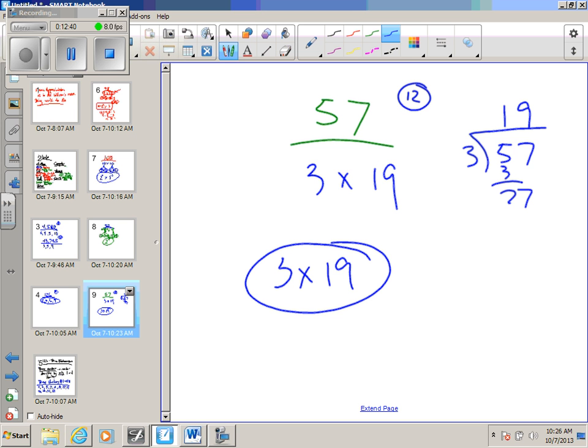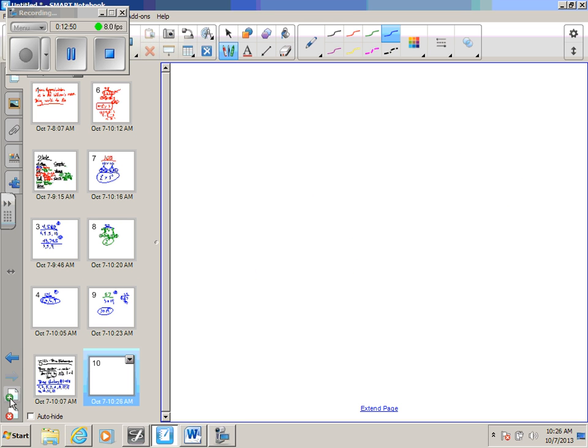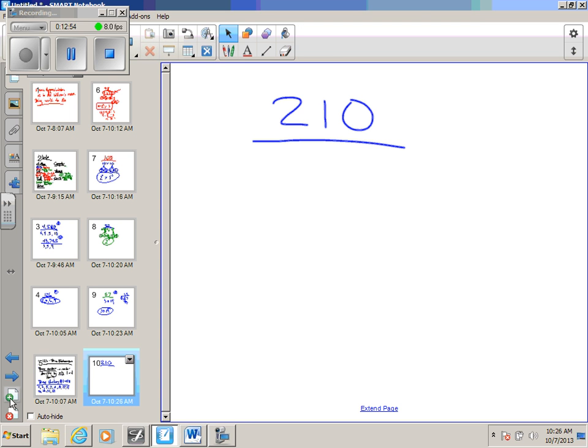Let's try a really big one. We should do 1,000. Wait, the next one will be in the thousands. Okay, now, like we said before, any option will work as long as I can multiply it to get 210. Yes, I could divide the whole thing by 2 if I want.